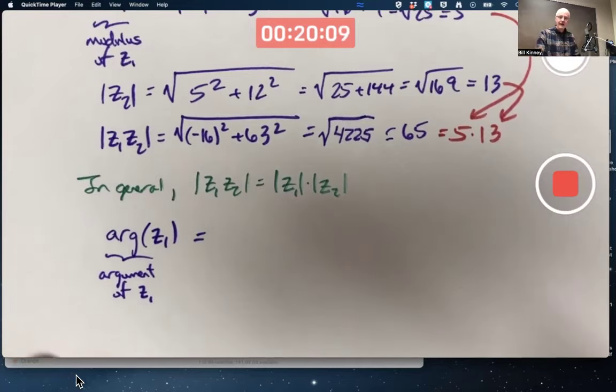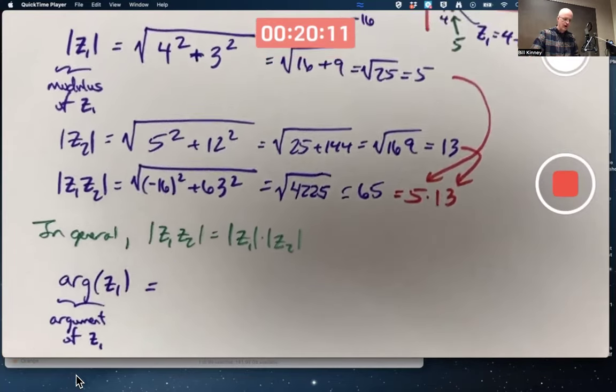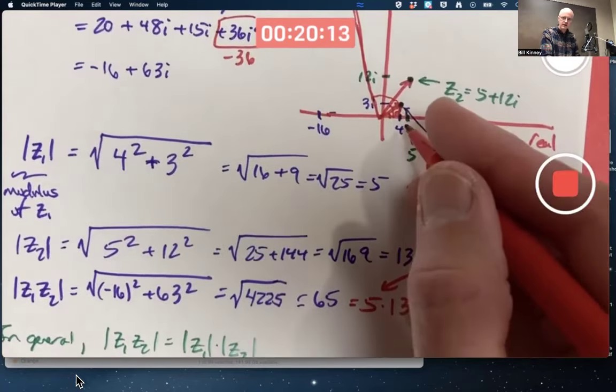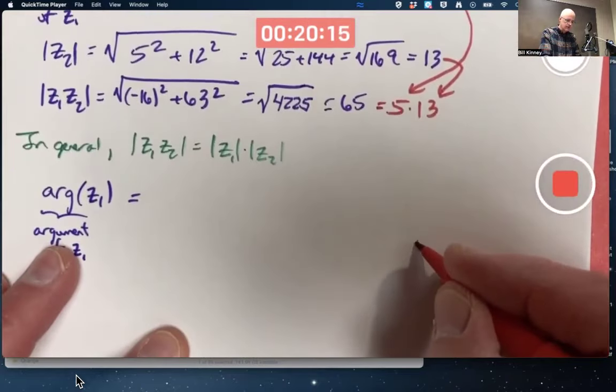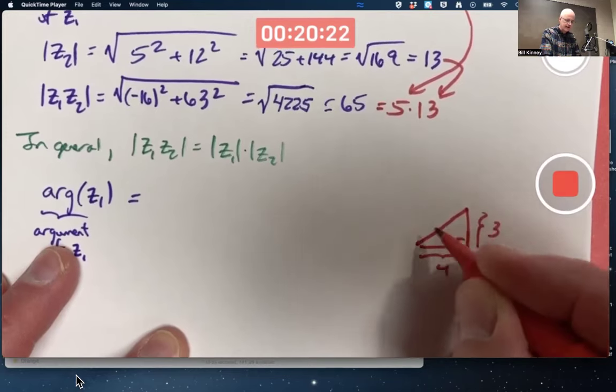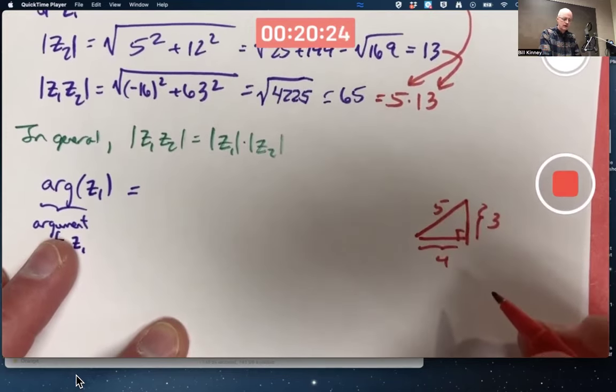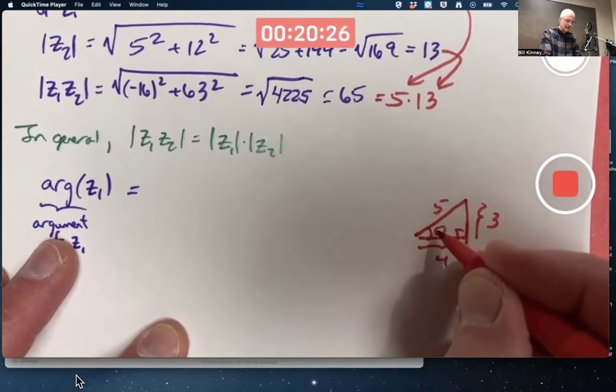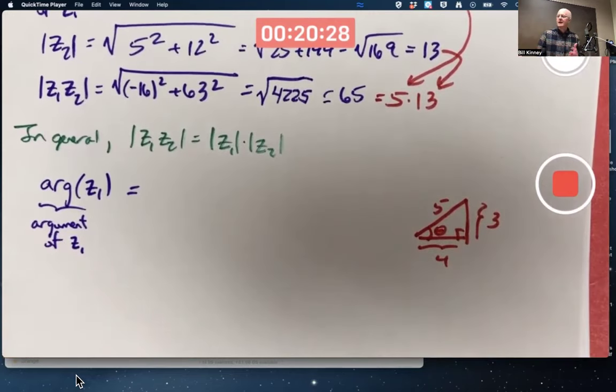How do you figure it out? Again, use trigonometry. Let me redraw the smallest right triangle here. In that picture, this side had length 4, this side had length 3, this side had length 5, the hypotenuse. The argument is the angle there. I could use an inverse trig function: inverse cosine, inverse sine, or inverse tangent.